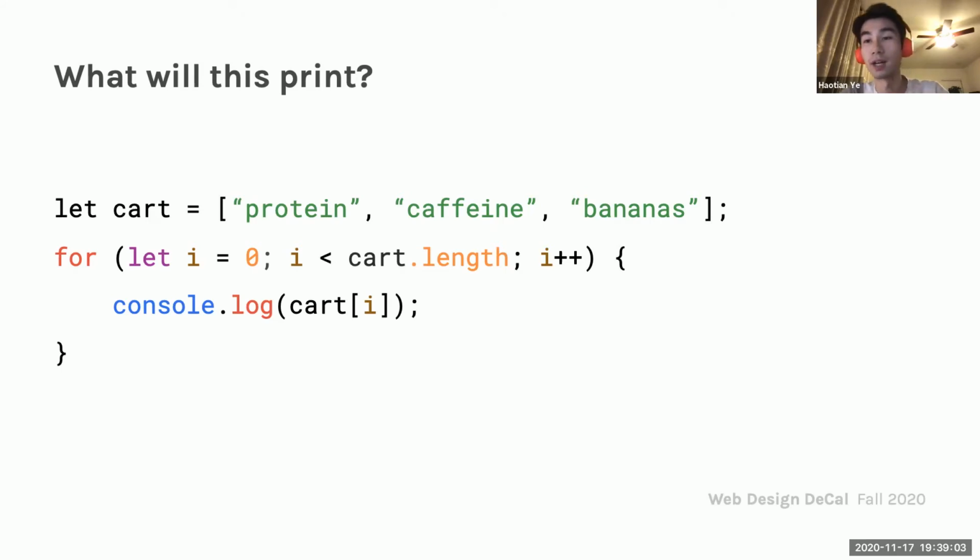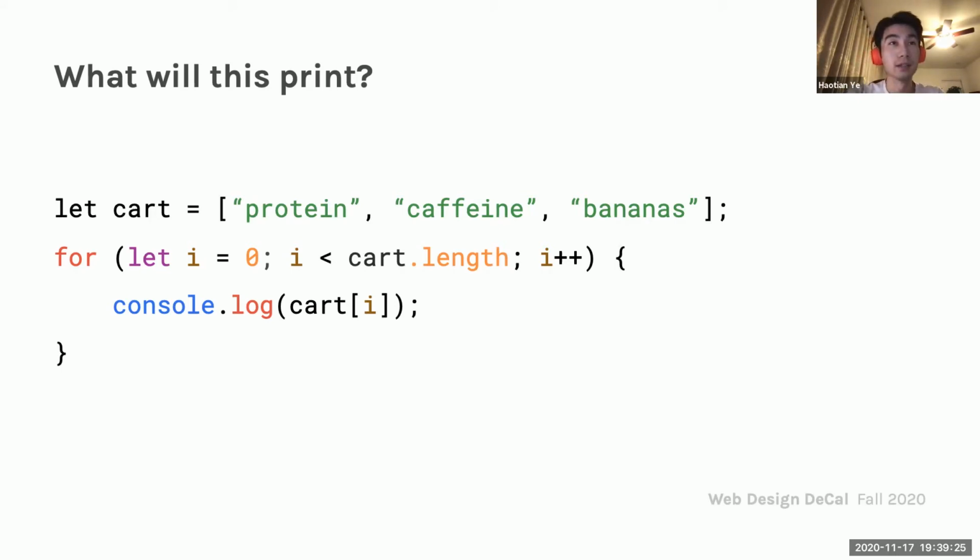And then we also have the i++ increment section. Then we go into the console.log, and we do the array indexing. When it starts at 0, we do cart[0]. That'll print out the first thing of the list, protein. Come back into the loop, i becomes 1, and we do cart[1]. That's the second item on the list. We print out caffeine.